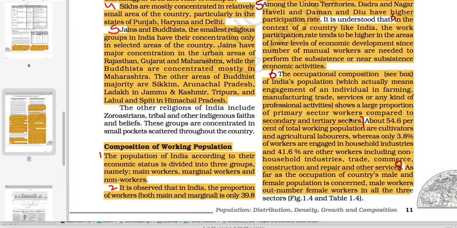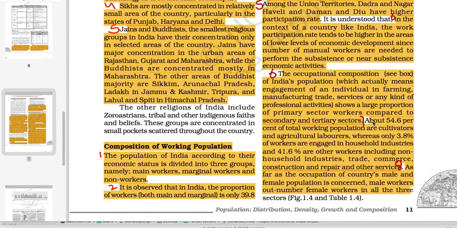Some are cultivators, some work in the forest industry, in cutting of trees, in mining. As compared to the secondary sector, means manufacturing units or administrative jobs, the population is less as compared to the primary sector.